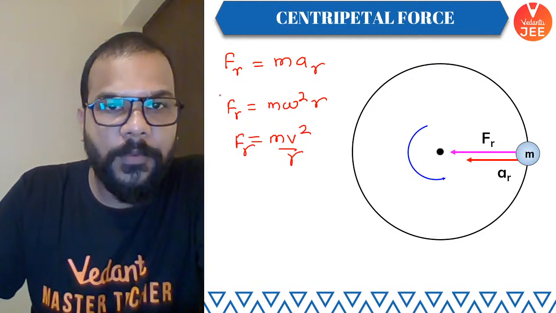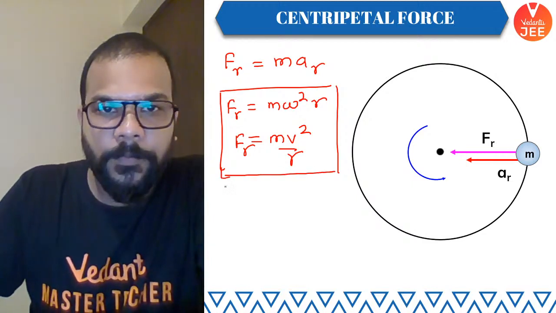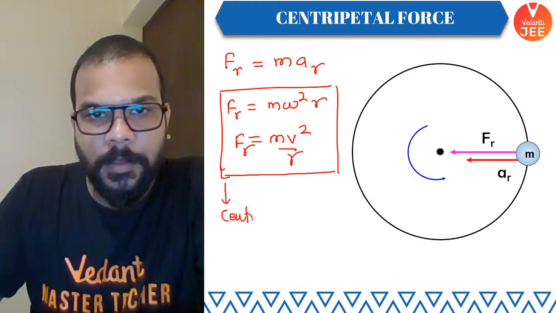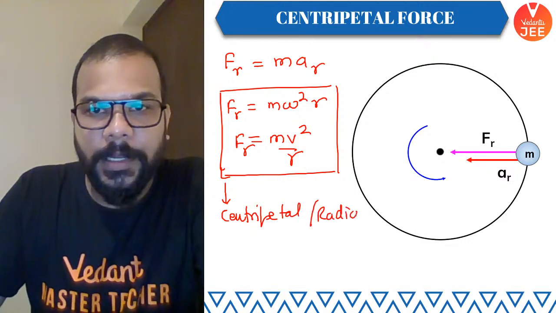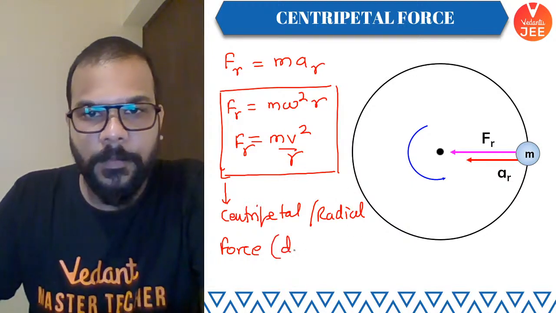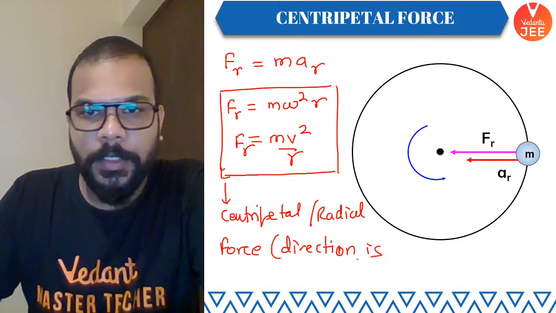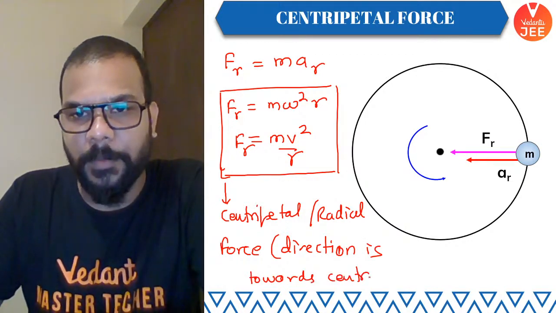This is the formula for centripetal force, or you can also call it radial force. Direction is towards the center. Always remember that.